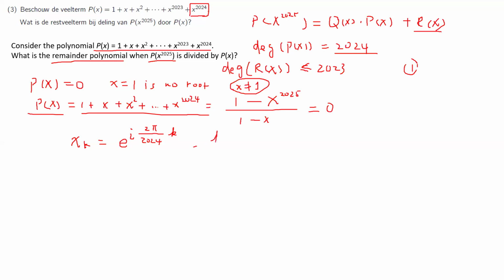But k cannot be 0, because if k is 0, x will be 1. So k starts from 1 to dot dot dot till 2023.